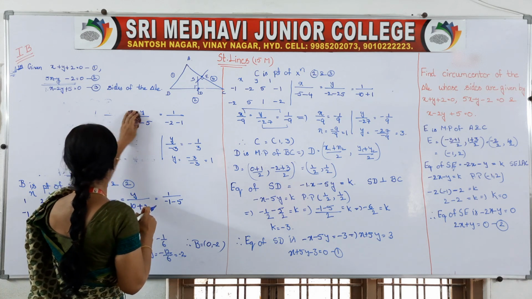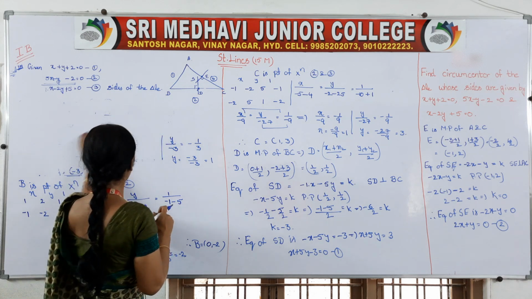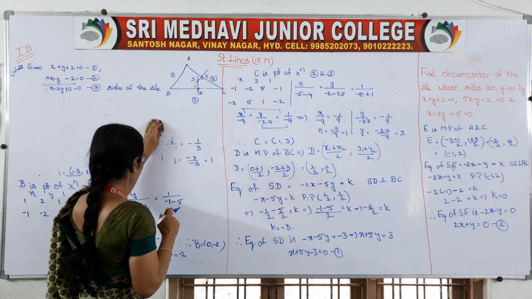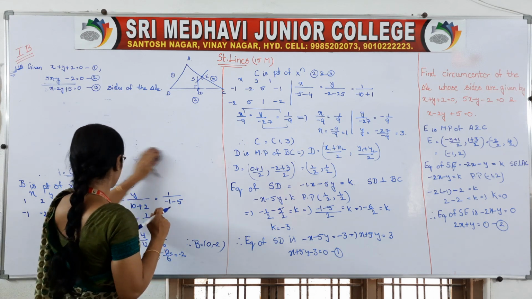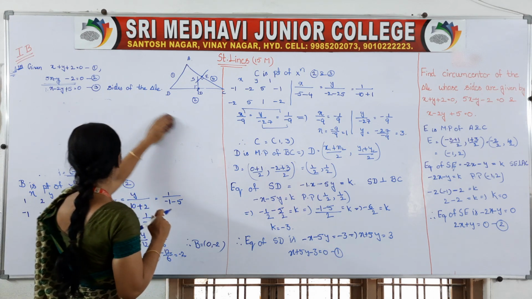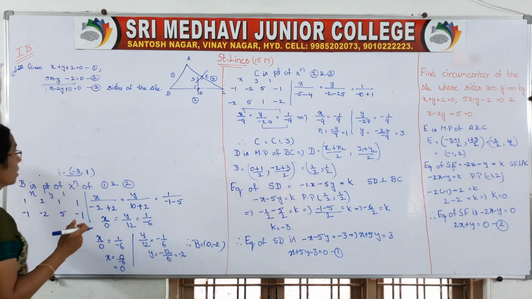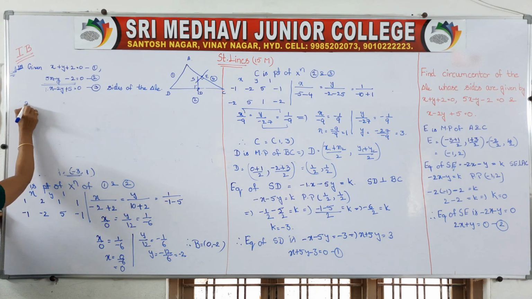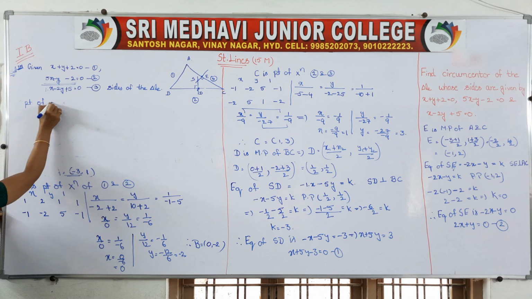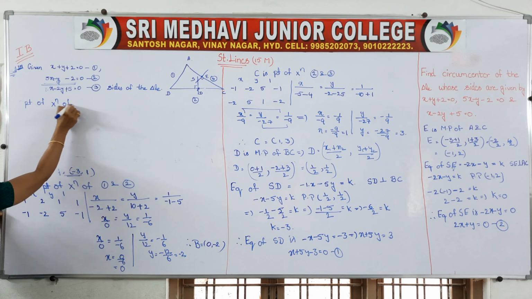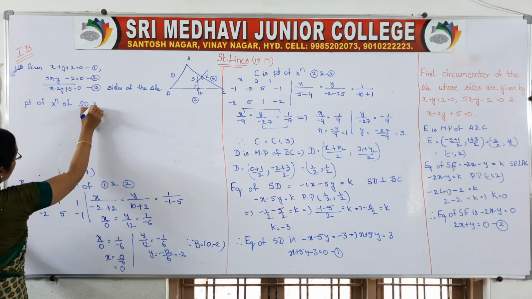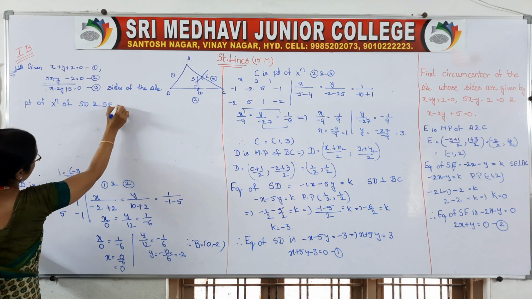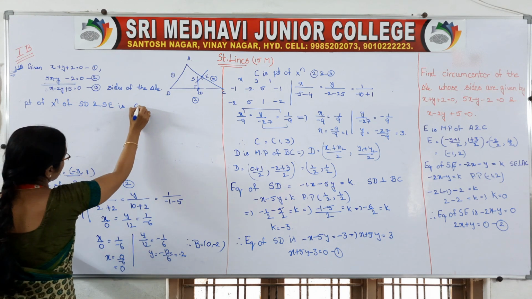Point of intersection of SD and SE. SD equation, you know it very well, right? So the point of intersection of SD and SE is the circumcenter.